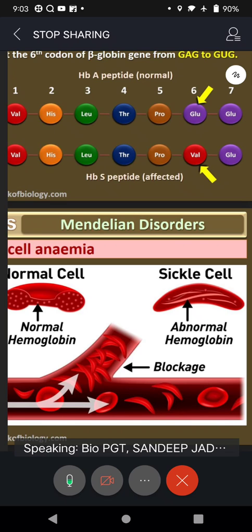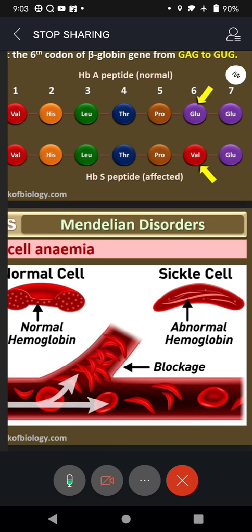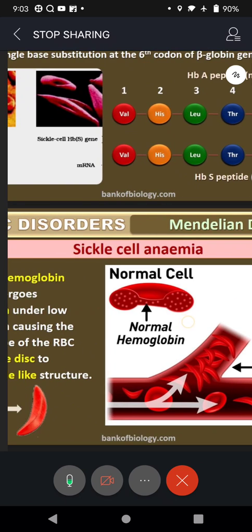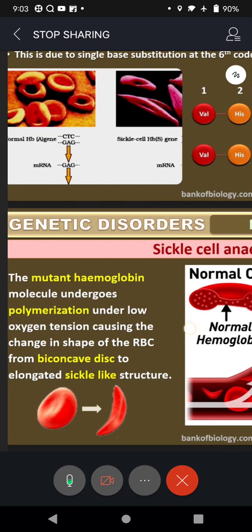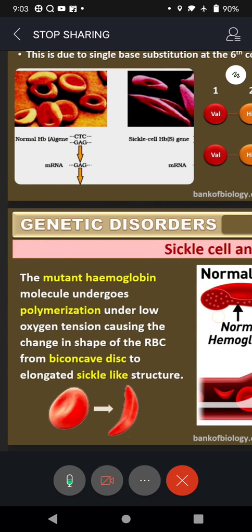Yeah. And because of that, what happens? When the shape of the RBC gets into sickle shaped, there is blockage in the arteries. So the blood flow will not be smooth, and that may result in major complications including heart attack.